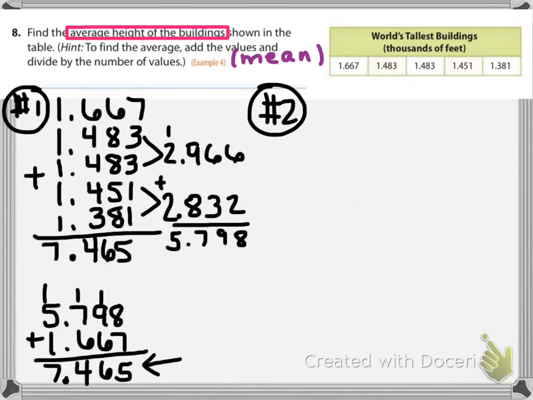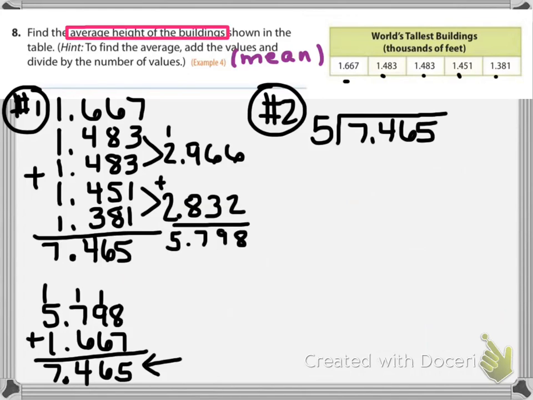If you look in the chart, I have 5 different buildings, so that means I need to divide by 5. So I need to set up, my divisor is 5, and the sum, 7.465, goes under the little division house.